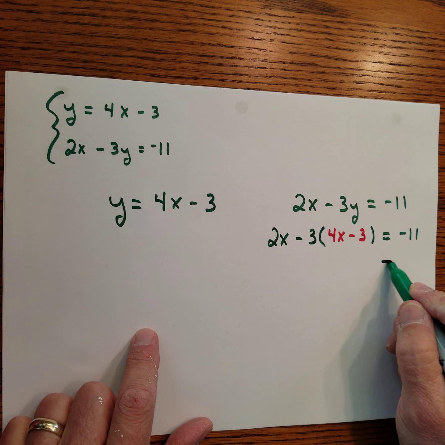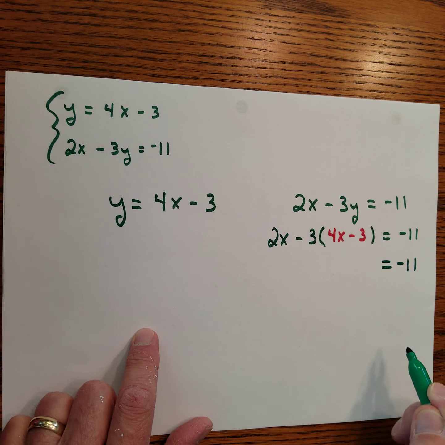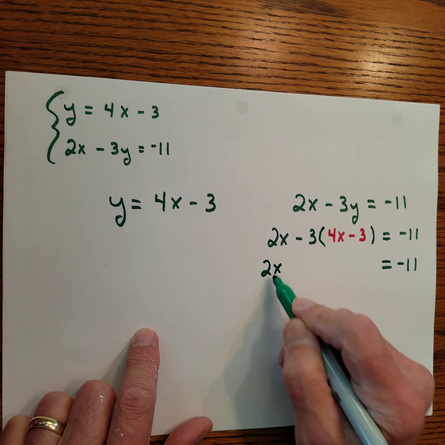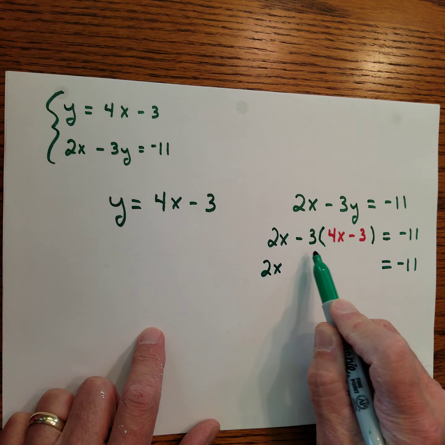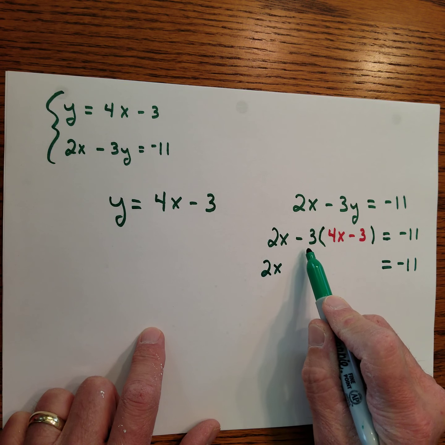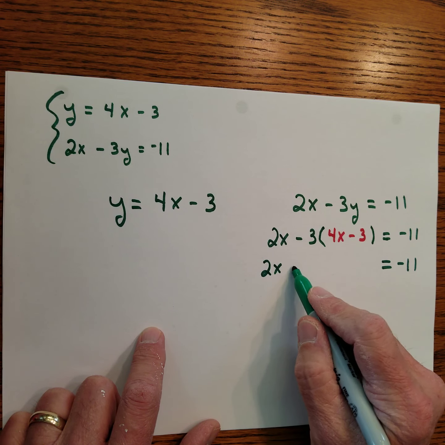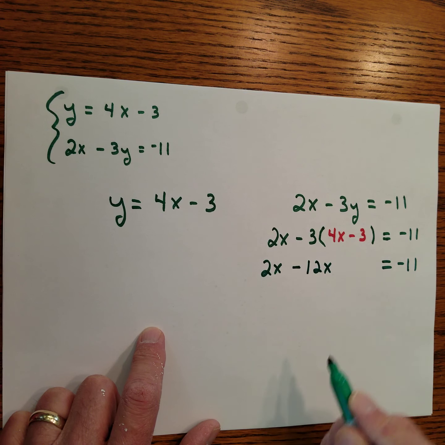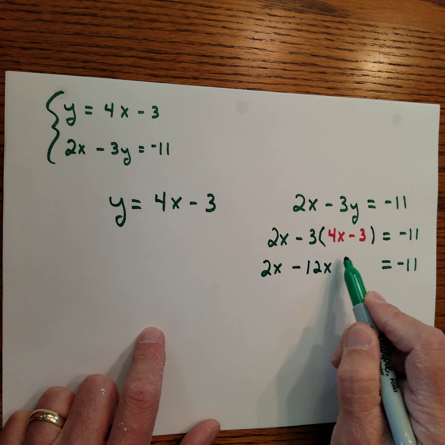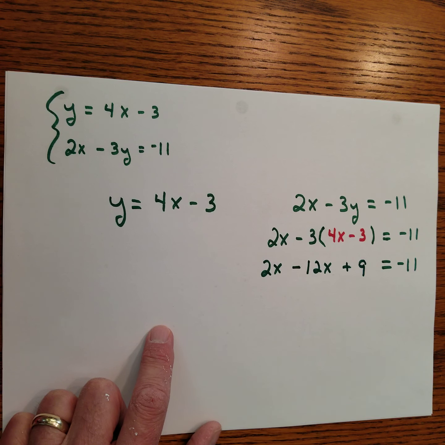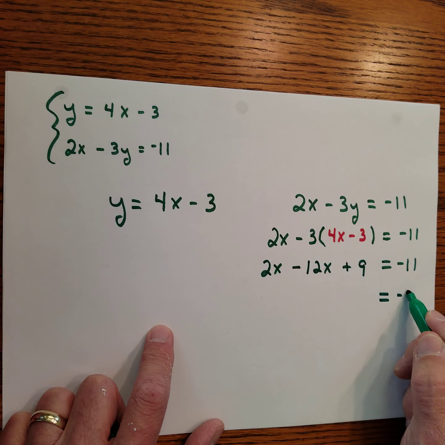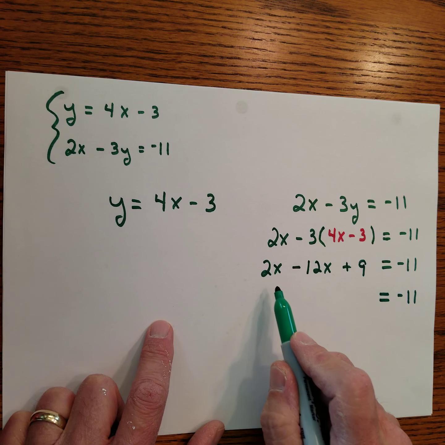Now let's clean up a little. I'll copy the negative 11. I'll copy the 2x. And let's take this negative 3 and distribute once, distribute twice. Negative 3 times 4x is negative 12x. And negative 3 times negative 3, two negatives make a positive. We'll combine like terms.